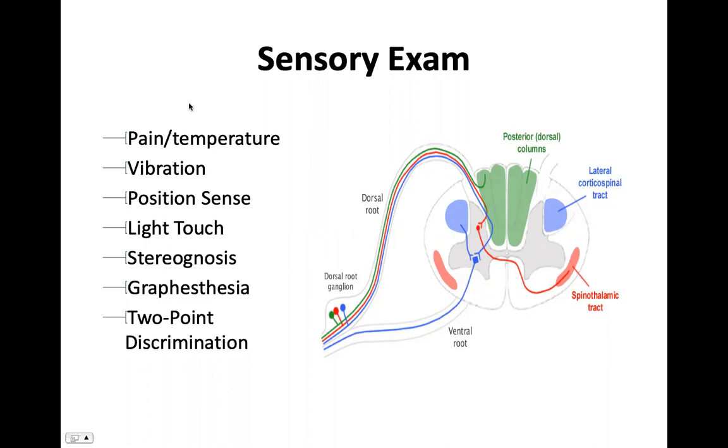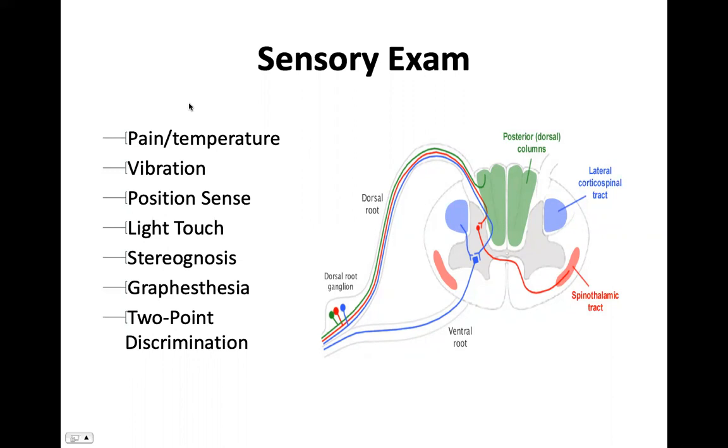Okay, now we're finishing up this neuro assessment. Remember, it was 5 different sections: the mental emotional, cranial nerve, motor, sensory, and reflexes. So we're at the sensory part, and most of the time I don't do a very detailed sensory exam. I usually just see if they have light touch, and you always check for symmetry.